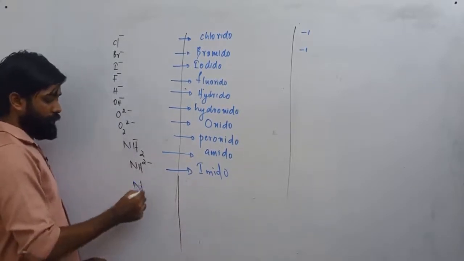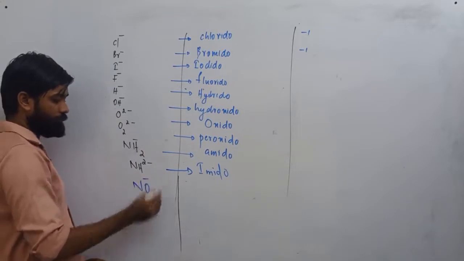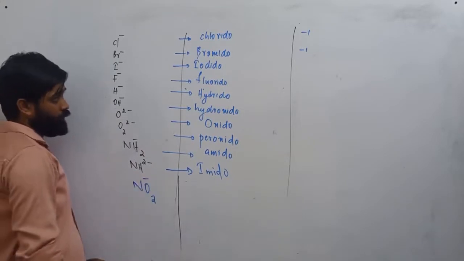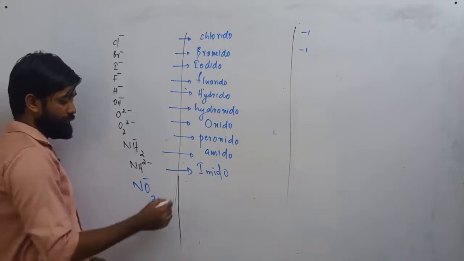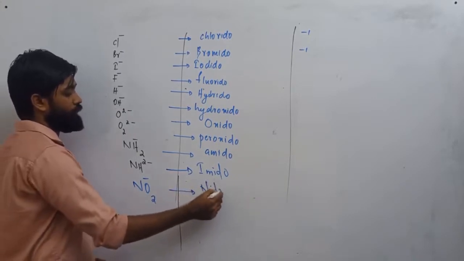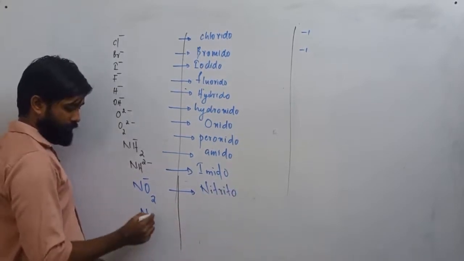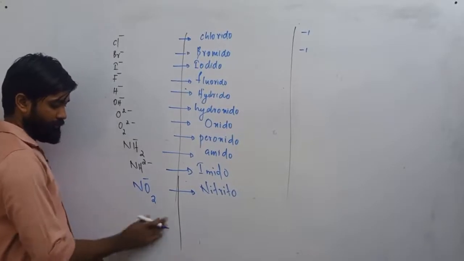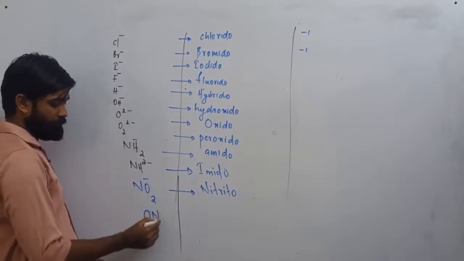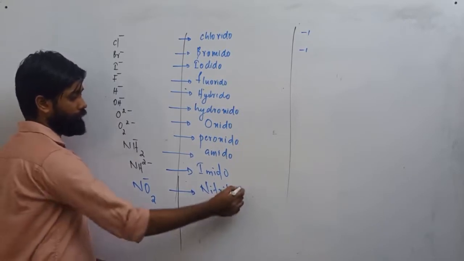Ready? NO2 minus is nitrite ion, so it becomes nitrito. And there is another isomer, ONO minus.